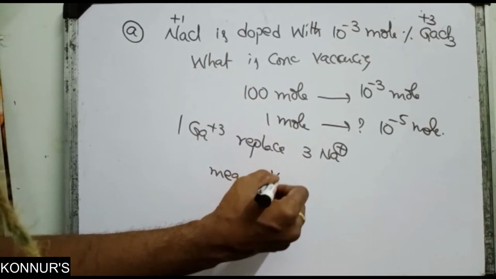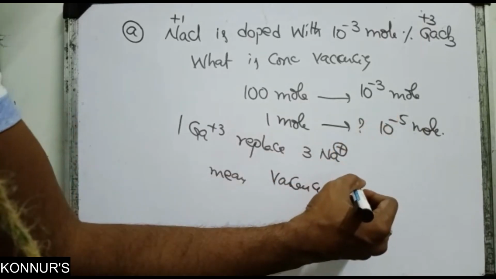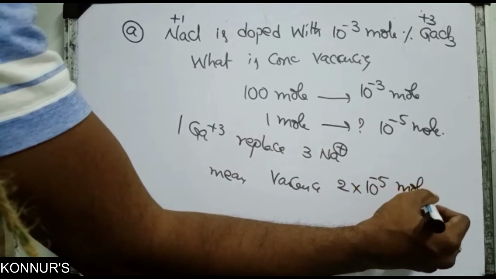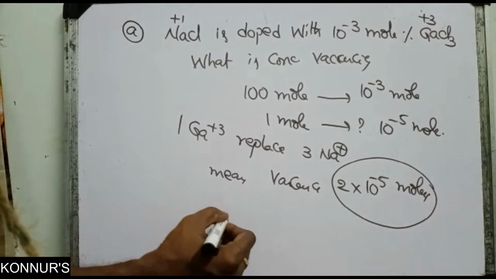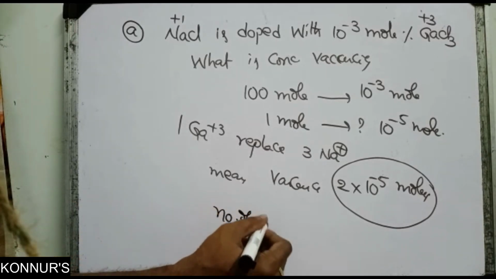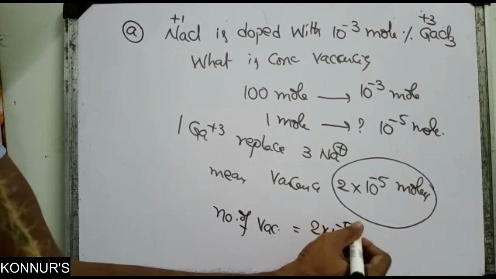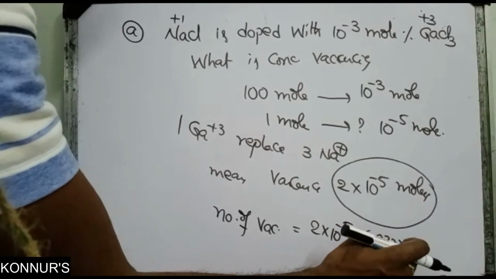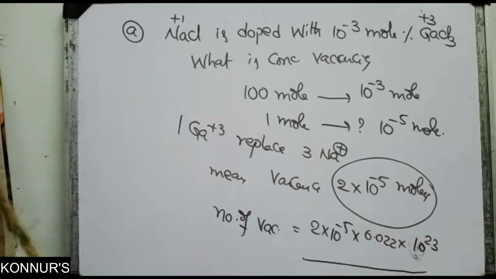In moles, it is 2 into 10 to the power of minus 5 moles of vacancies. Next, 1 mole means how many in number? The number of vacancies is 2 into 10 to the power of minus 5 into 6.022 into 10 to the power of 23. That becomes your answer.